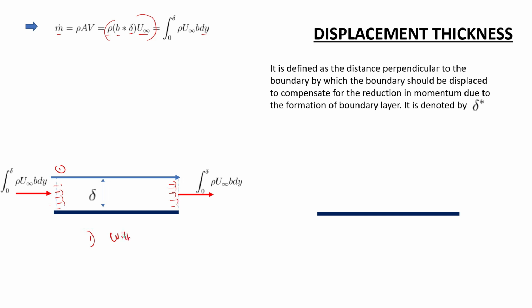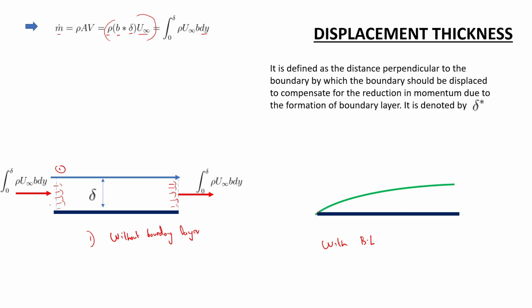Now let us take another case. The first case here is without boundary layer. Now we will take the case with boundary layer. So this is a flat plate, and you can see there is a boundary layer growth.